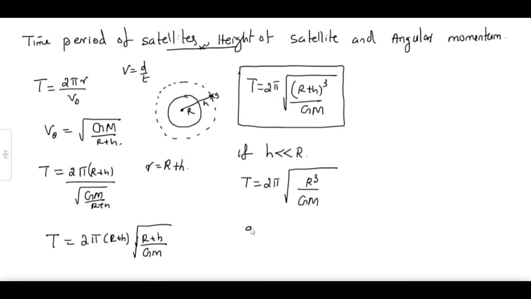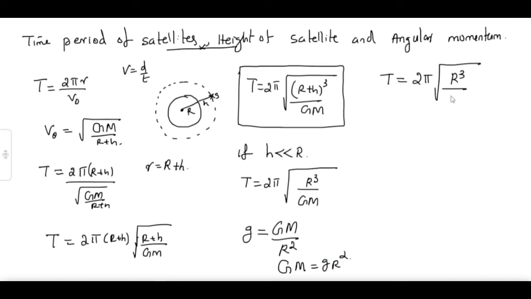And we already know g is equal to GM divided by R square. So we can substitute here GM is equal to gR square. If you substitute that value, time period T is equal to 2 pi square root of R cube divided by GM, and GM is equal to gR square.